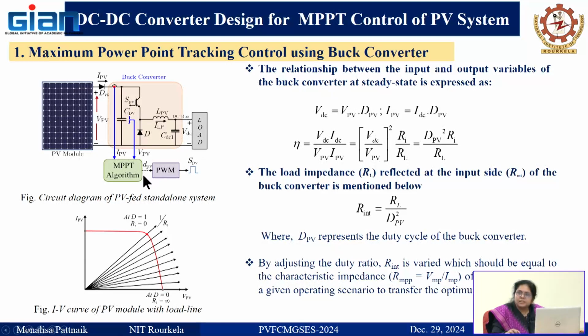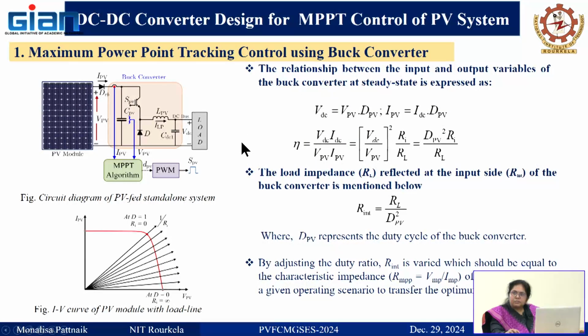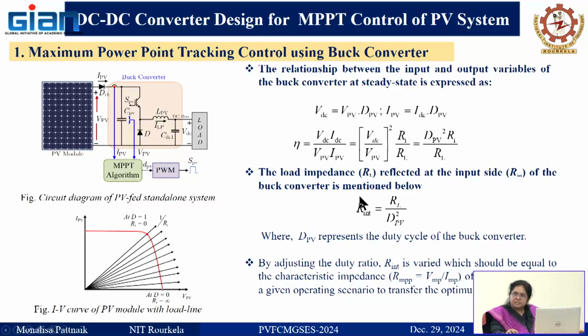So when I am taking a buck converter, and talking about MPPT control, what exactly is it? We are going for impedance matching, meaning the load impedance should match with the source impedance. The source impedance is the internal, or reflected, impedance, which in a DC system you can simply say is a resistance only.